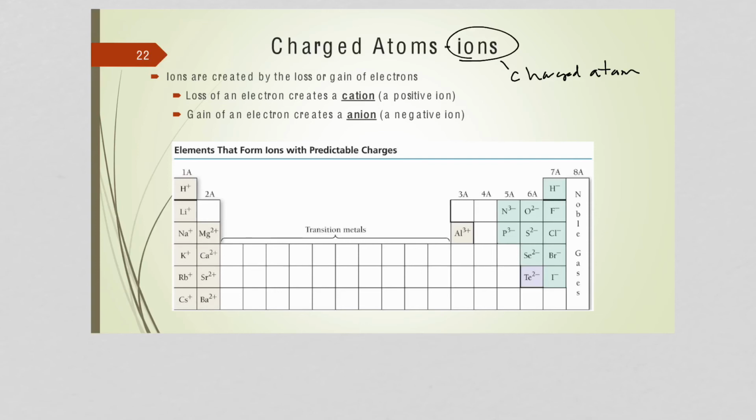Well, atomic charge, or ions, are created by the loss or gain of electrons. Now, it's important that we understand that it is electrons that are lost and gained, and only electrons, right? So we will not lose protons, we will not lose neutrons, we will lose electrons or gain electrons in order to form these various ions.